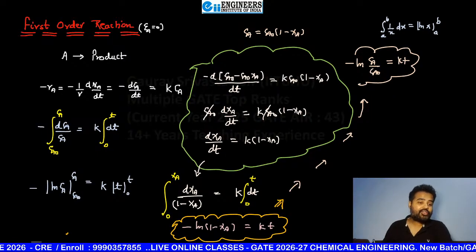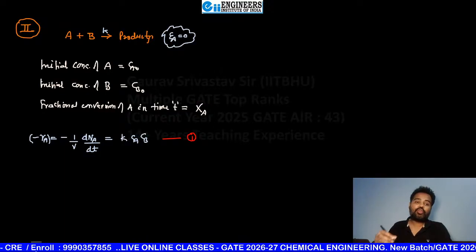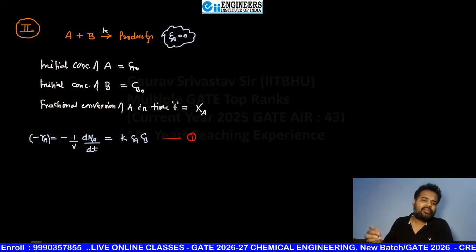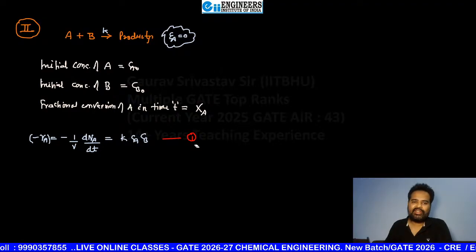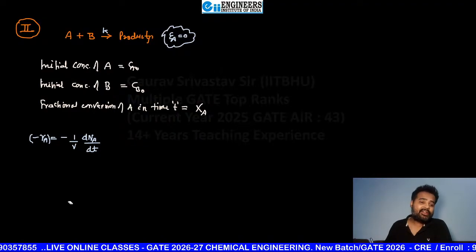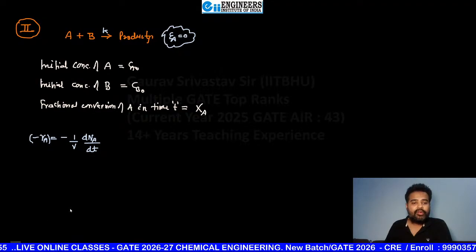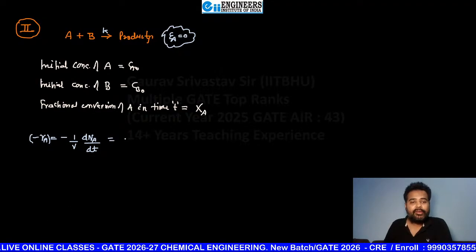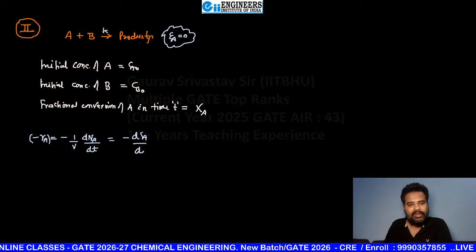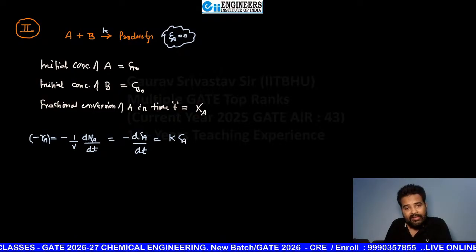Okay, my dear students, for this given case, case number 2, we can't solve in terms of concentration initially. Why? Because Ca is there, Cb is there, two variable terms are there, and on the left-hand side it is just dCa by dt, but on the right-hand side you have to write k Ca Cb.